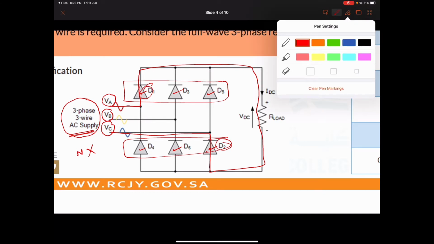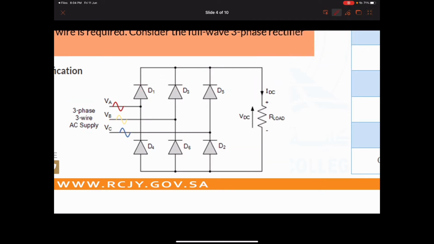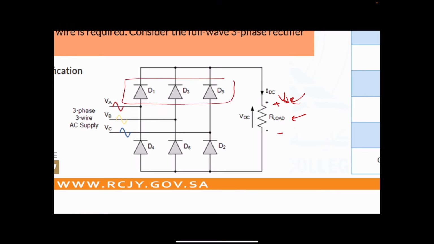Okay, this is our load, of course. Here we have the output voltage, DC, with plus and minus. Here we have the load. In this case, we have a resistive load. Now, we can conclude from this rectification circuit that we have 3 diodes here for the positive cycle, and 3 diodes here for the negative cycle.